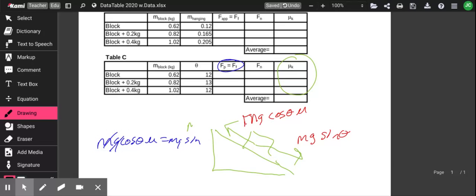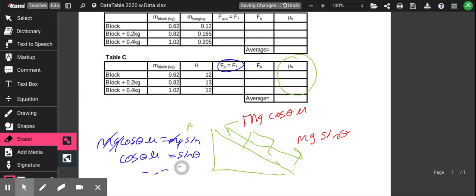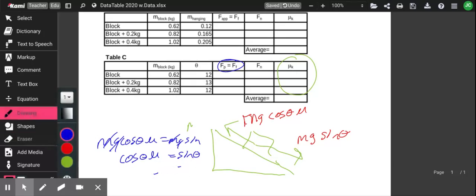The m's and the g's cancel out. You're left with cosine theta mu is equal to sine theta. And so mu is equal to the tangent of theta.